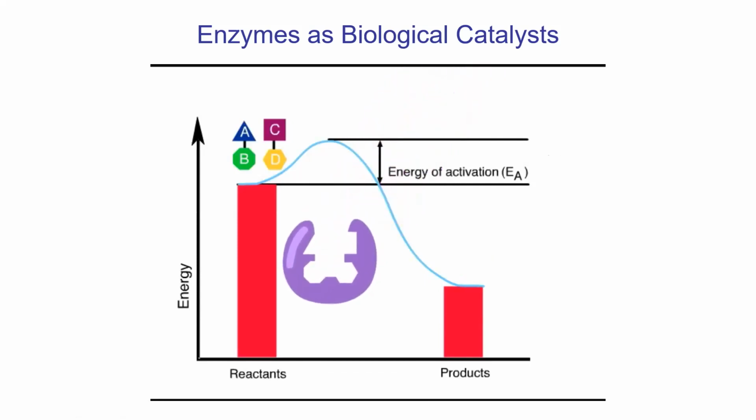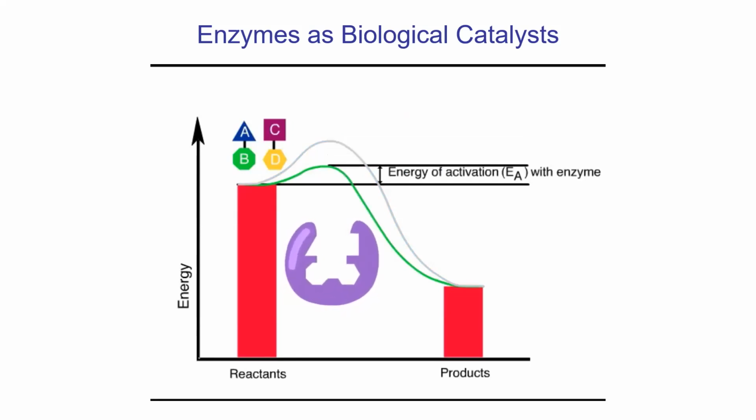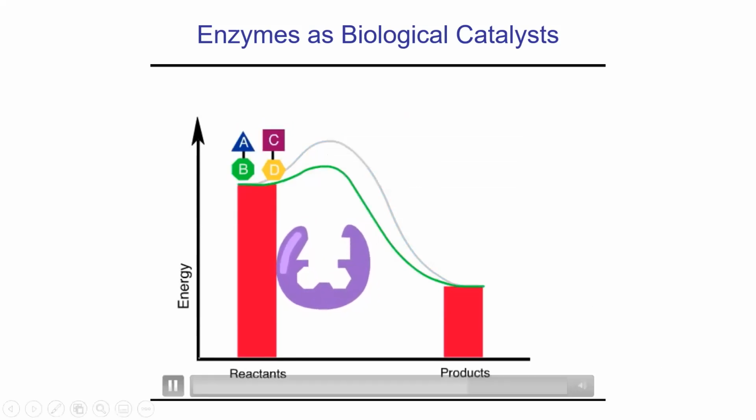A special kind of protein called an enzyme is the answer. An enzyme serves as a biological catalyst, increasing the rate of a reaction without being changed into a different molecule. An enzyme does not add energy to a reaction. Instead, it speeds up a reaction by lowering the energy barrier. An enzyme is very selective.